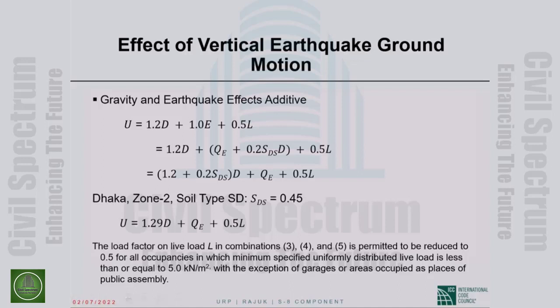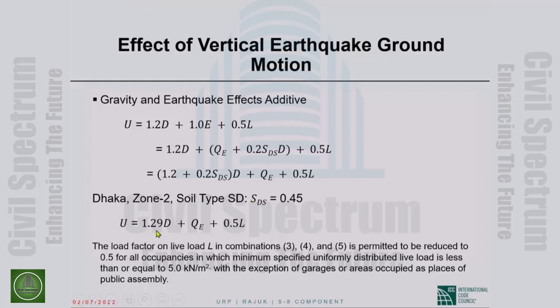If you take the example of Dhaka, which is zone 2, soil type S sub D is quite common, particularly on the north side. S sub ds then is 0.45. This value is given in Appendix C. For S sub ds of 0.45, 0.2 S sub ds is 0.09, and the dead load factor becomes 1.29, as you see here.